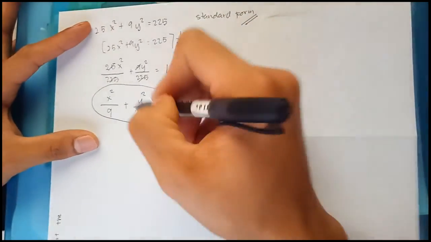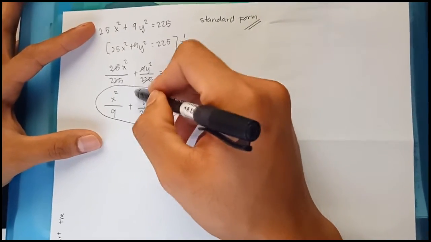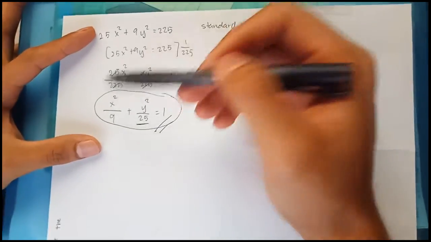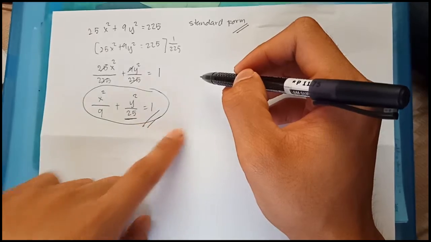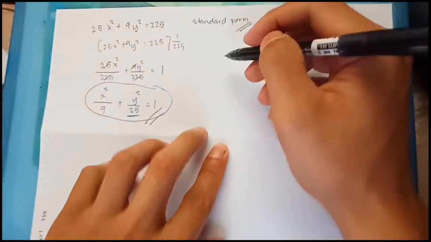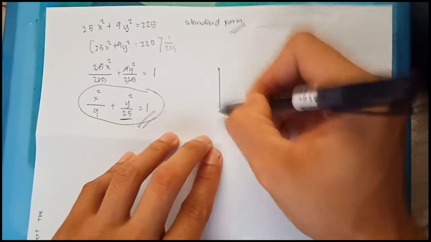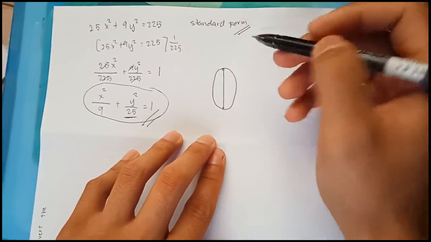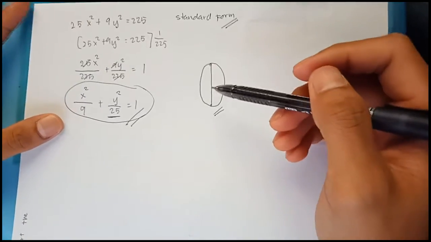As we can see, the denominator on the y is greater than the denominator on the x. This means that the major axis is on the vertical axis, which looks like this. So that's how the ellipse looks.